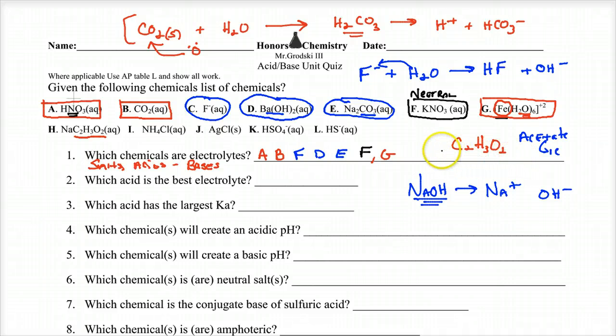Is acetic acid a strong acid? And the answer, of course, is no. It's not one of the top 5. If you're not sure, you'll always have that table L for our quiz and test. It's not a strong acid. So therefore, you know that its conjugate base is significant.